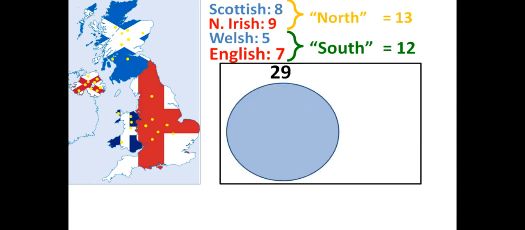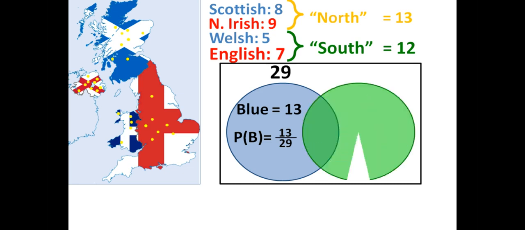And let's say that we take all the people with blue in their flags, that means Scottish and Welsh. So we would say that the probability of B, which stands for blue, is equal to 13 divided by 29. And on the other hand, we take people grouped as being from the south, represented by the letter S. So we have both Welsh and English people.